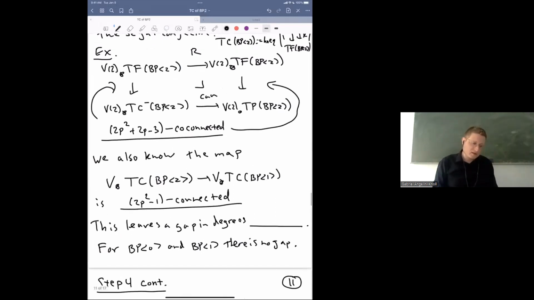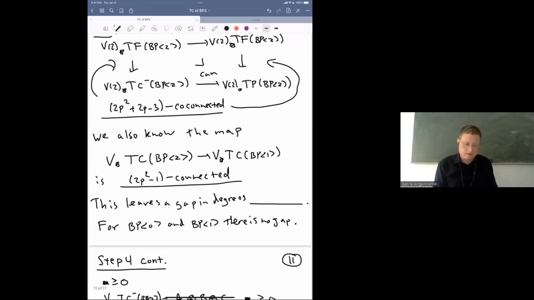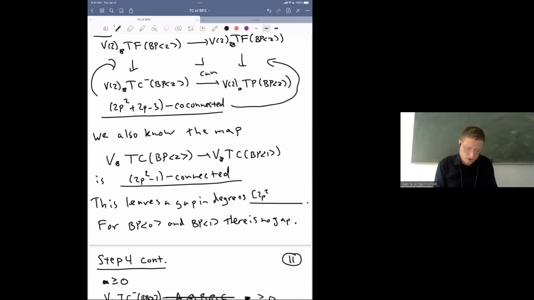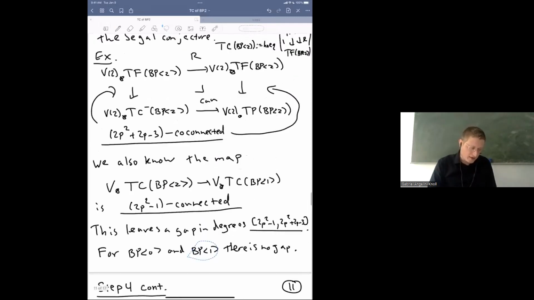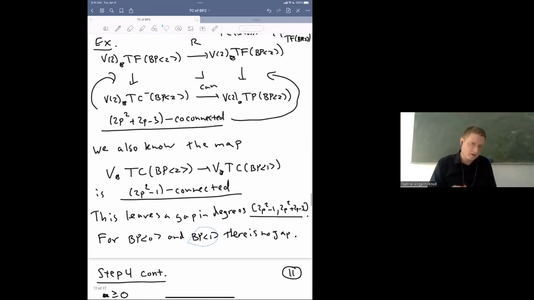But the problem using the traditional approach is that this leaves a gap from 2p²−1 to 2p²+2p−3. Whereas in the case of BP⟨0⟩ and BP⟨1⟩, there was no gap, just for degree reasons. So we really do use the Nicolaus-Schulze approach, and this is important for us mainly to compute this gap of degrees here.